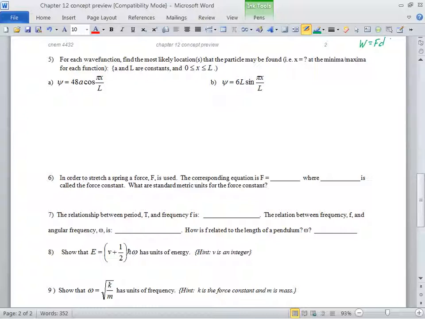And work is joules, so that means a joule has to be a Newton meter because force is newtons, times meters. And what was a Newton again? I use F equals ma, right? So Newton, Kevin, is kilograms times meters per second squared. That's how I remember that stuff. I don't know if that helps you or not.